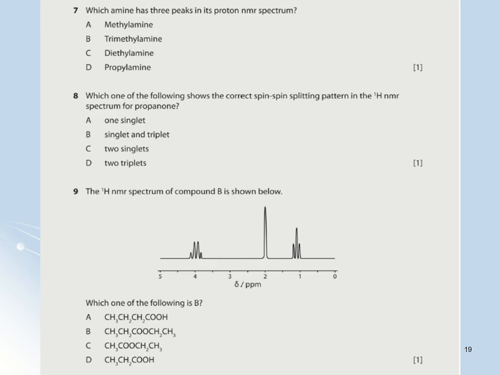Which amine has 3 peaks in the NMR? Well, let's look at methylamine. Methylamine will have hydrogens there and there, so that's only going to have 2 peaks. Trimethylamine, let's do that one. Sorry, that should be a nitrogen in the middle.